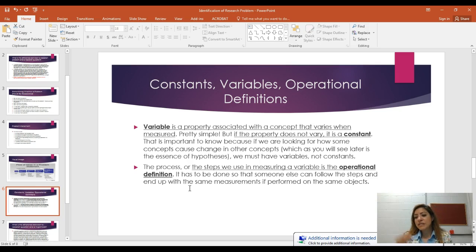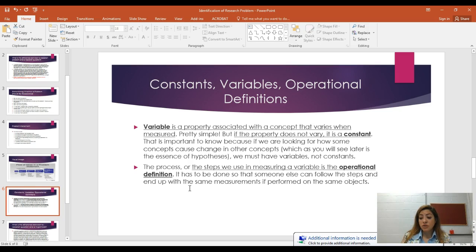All of these specific steps in how you started the research and how you're going to end it, how you are selecting your students, and how you are operating the whole research process is what's called the operational definition.